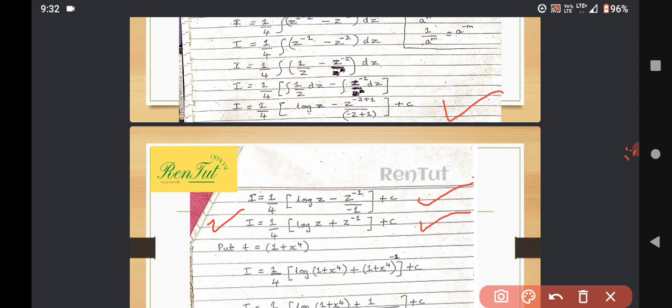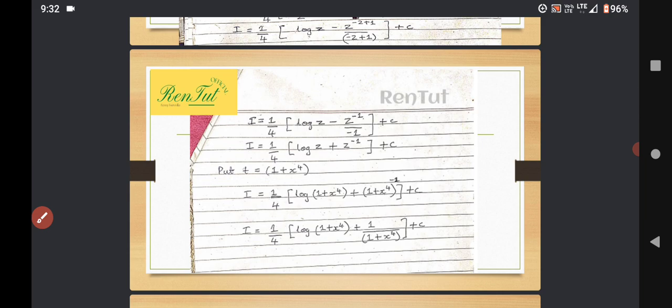Now we can't write the final answer in terms of z, so we will be writing it in terms of x. That is the reason why we will be resubstituting the value of z. This was mistakenly written as t, it is z. So z is equal to 1 plus x raised to 4.